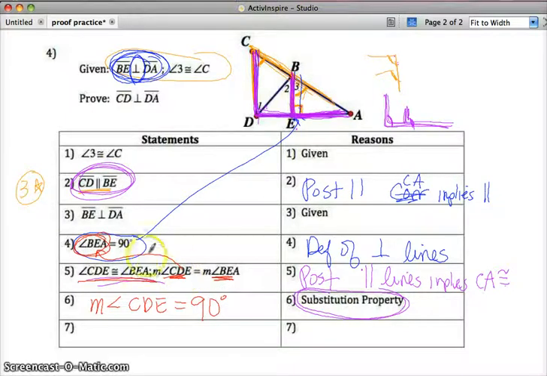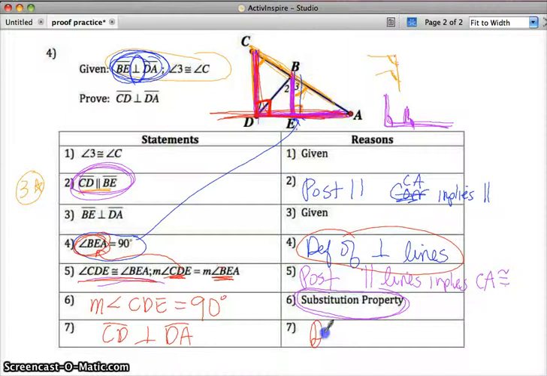Why? Because I've just substituted in CDE for this BEA after I discovered they were equal to each other. And if CDE is 90 degrees and I put that symbol right here in the corner, then what must be true of these two segments? They must be perpendicular to each other. Why? Coming back to this again, because of the definition of perpendicular lines.